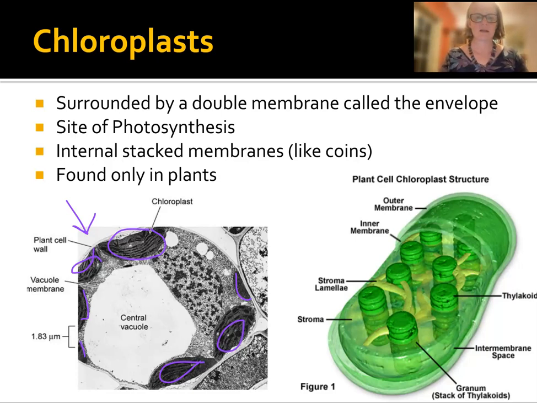You can compare their size to the nucleus. Here is the nucleus, the kind of grey speckled area, and you'll also notice a big vacuole in the center. We'll come to the vacuole in a moment on the next slide. So that's a plant cell with lots of chloroplasts with a very classic internal structure to them that's different to a mitochondria.